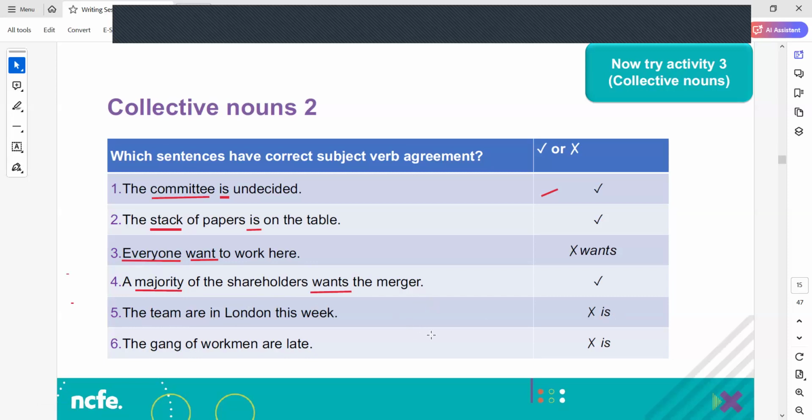The gang of workmen. Because they are talking about one gang. Good. So it's talking about the gang, so it should be is late. The gang of workmen is late. So the workmen is just describing what they're a gang of, but the subject is the gang. Okay, the gang is like one. Yes, so it's like one group. So gang is a collective noun, talking about a group of people.